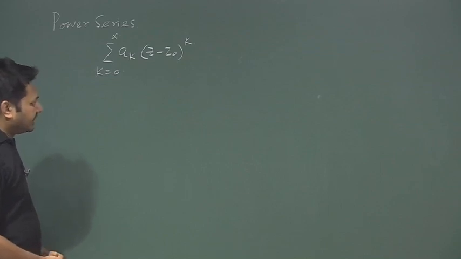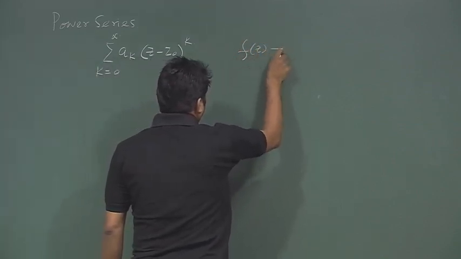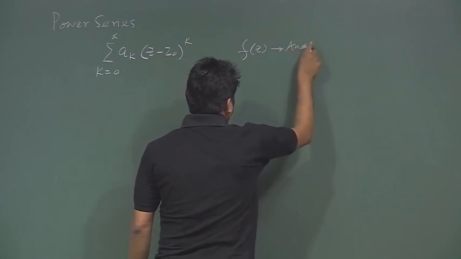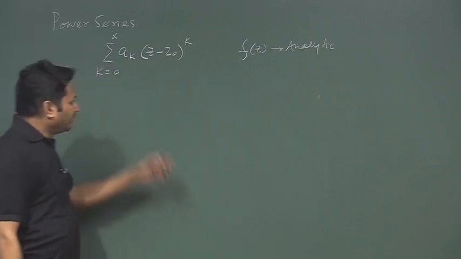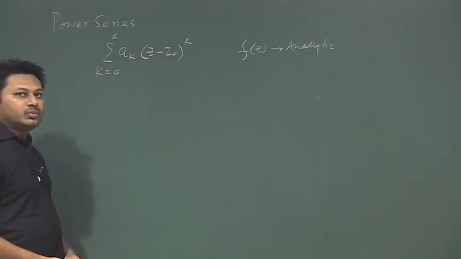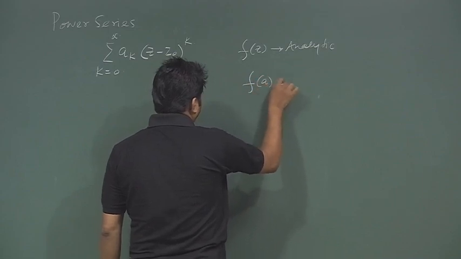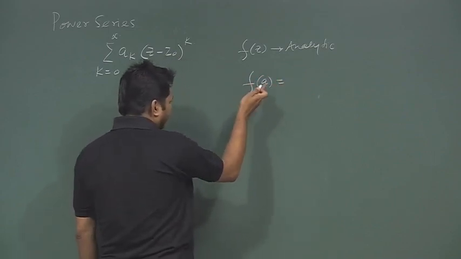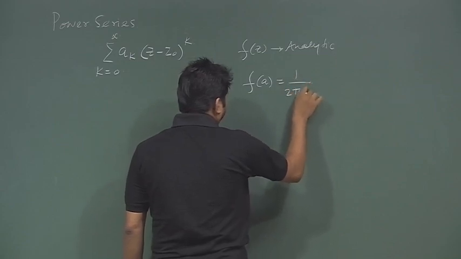Now, if a function f z is analytic in some region, then from Cauchy's integral formula we find that the value of the function at some point a can be evaluated as this.